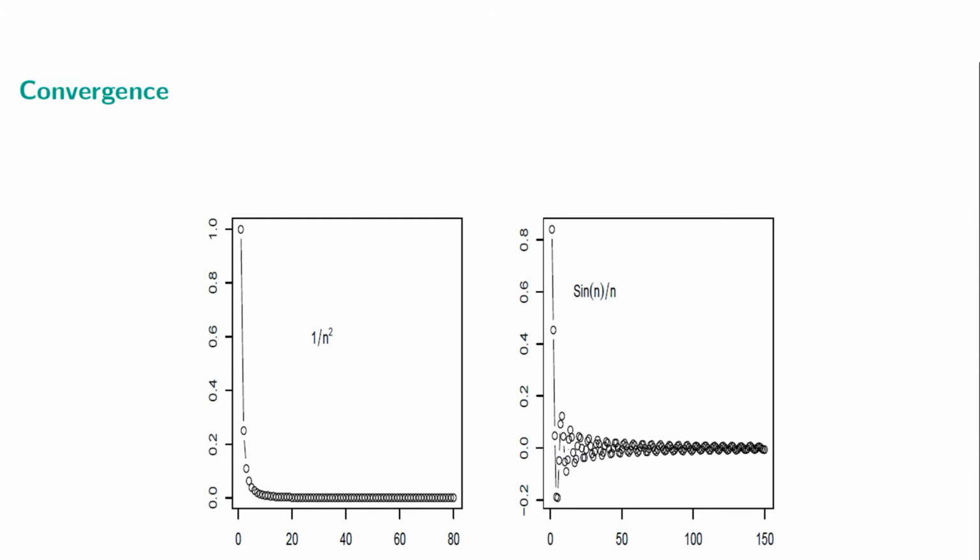Now consider the first plot. We find that 1 by n square is a decreasing sequence, it decreases and decreases up to 0. And in case of sin n by n, we find that initially it oscillates and then becomes stable for large n.